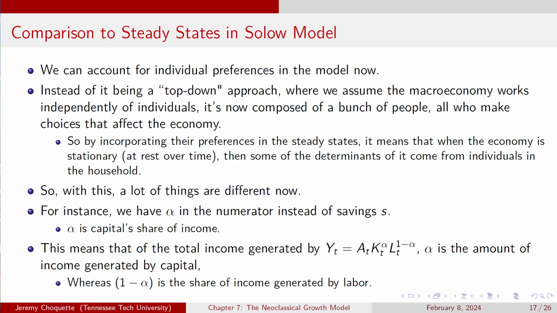If we solve one individual's choices and that individual is assumed to be representative of the whole economy, well, you can solve everything out and go, all right, that's what one individual does. And if the economy is made up of 330 million individuals, okay, just multiply by 330 million. Boom, there you go.